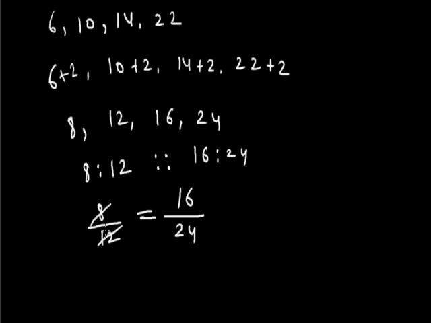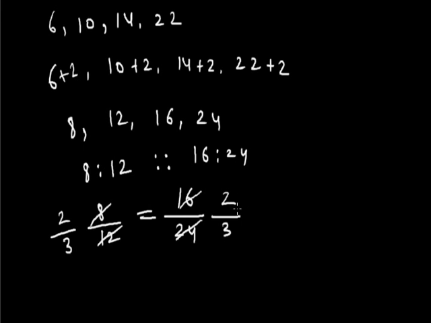Cancelling the common factor of 4 between the numerator and denominator of the first fraction, I get 8 by 12 is equal to 2 by 3. Similarly, cancelling the common factor of 8 between the numerator and denominator of the second fraction, 16 is equal to 8 into 2, which means 2, and 24 equals 8 into 3, which means 3.